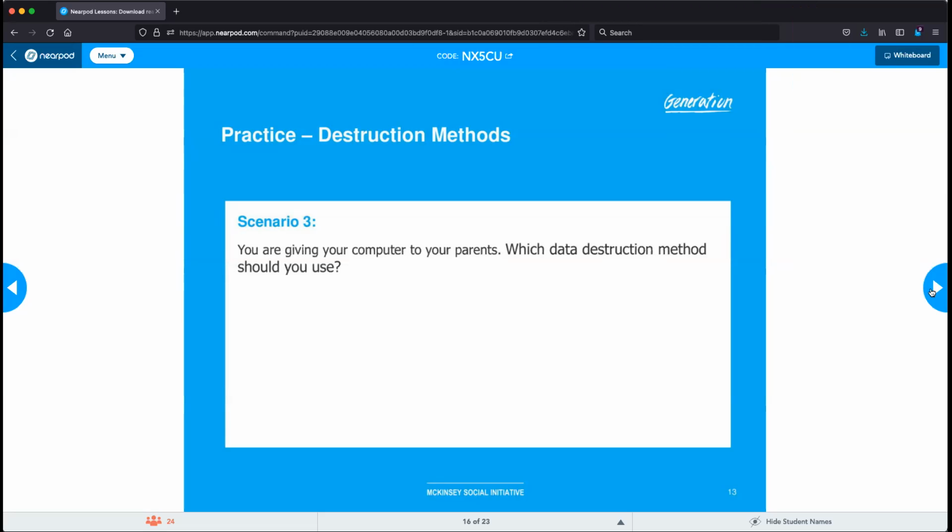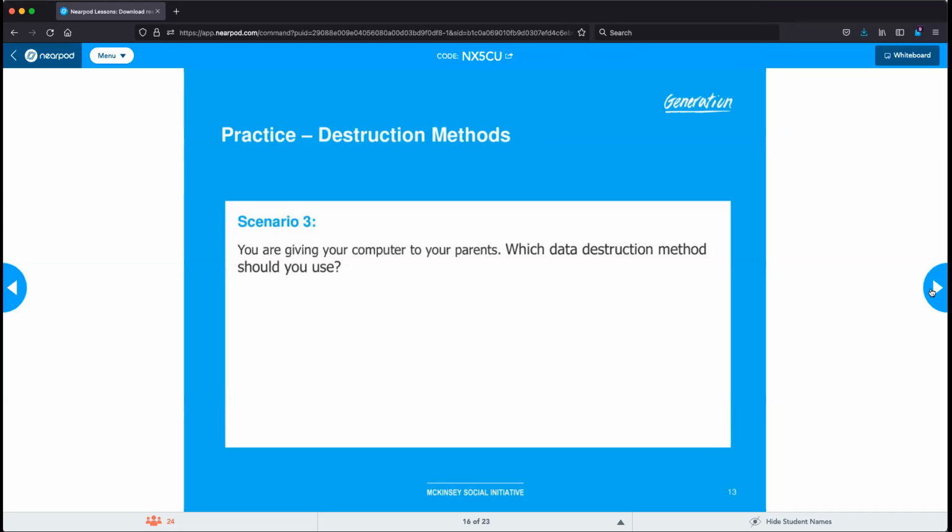Melody? I would say standard formatting. Standard formatting, why? Assuming that you like your parents. I don't know, I like mine. I like the lead in on that. So standard formatting is like a high level of trust.